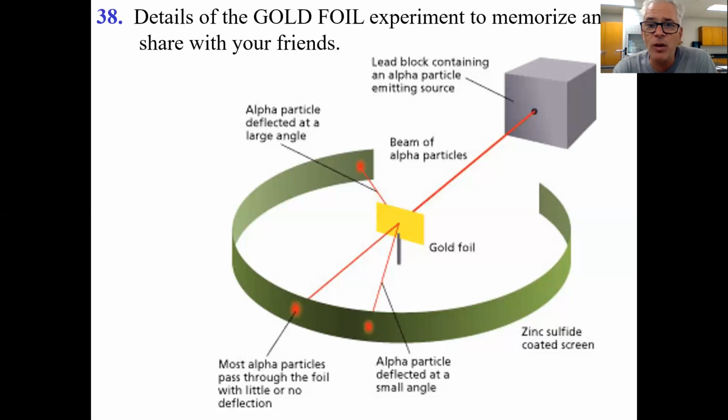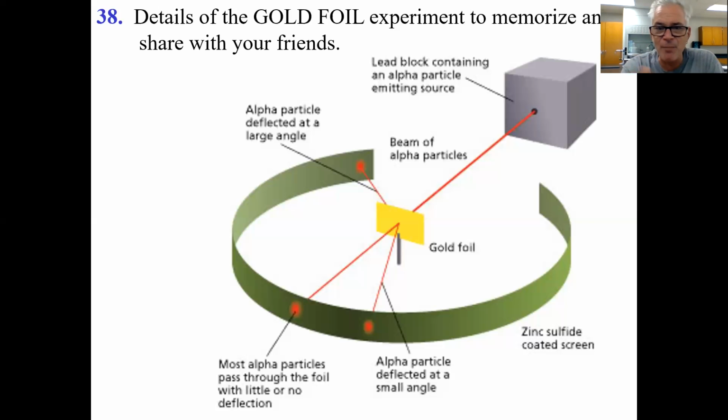So what Rutherford did was he set up this screen that was pretty big. The picture doesn't show it. It goes all the way around the box, and he shot the alpha particles right at the gold foil. And as it turned out, about 99% of the particles went right through the gold like it wasn't even there and hit the detecting screen straight out on that straight line.